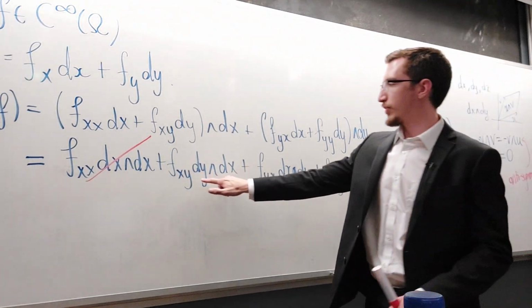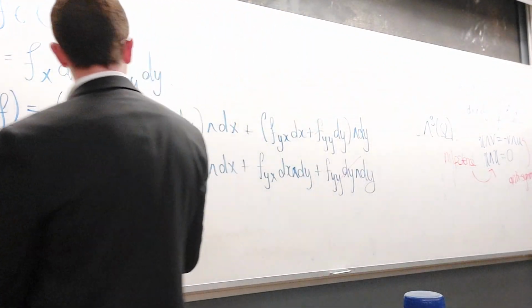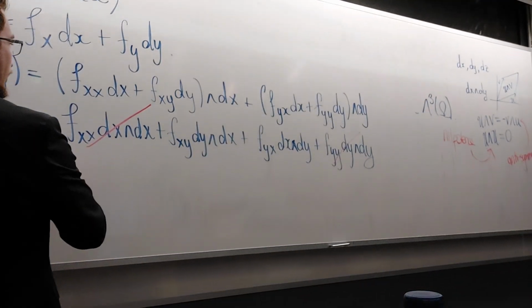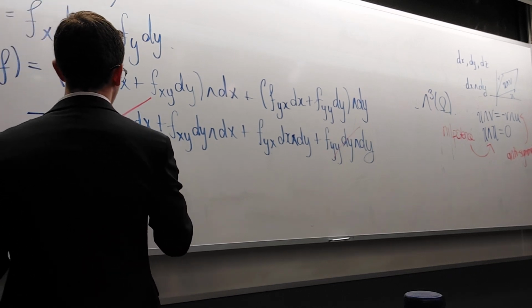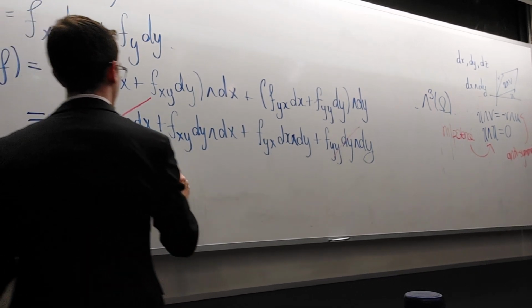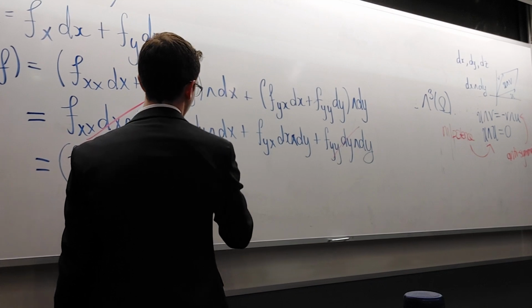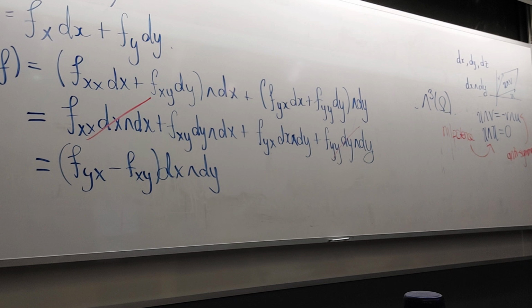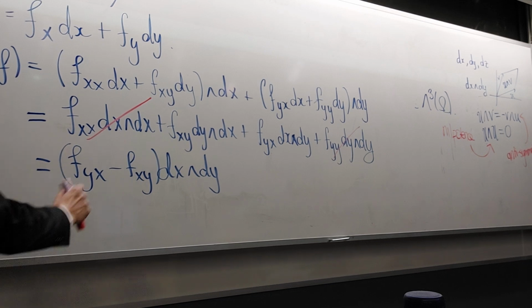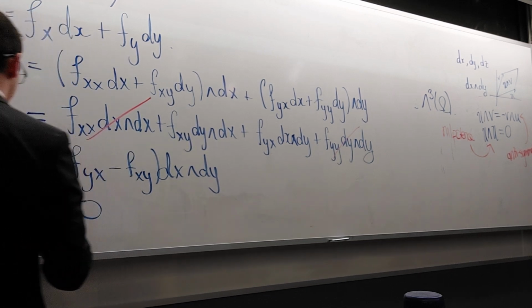And now I can use anti-symmetry to flip this around, giving me fyx minus fxy times dx wedge dy. But Clairaut's theorem tells us that this has to be 0.